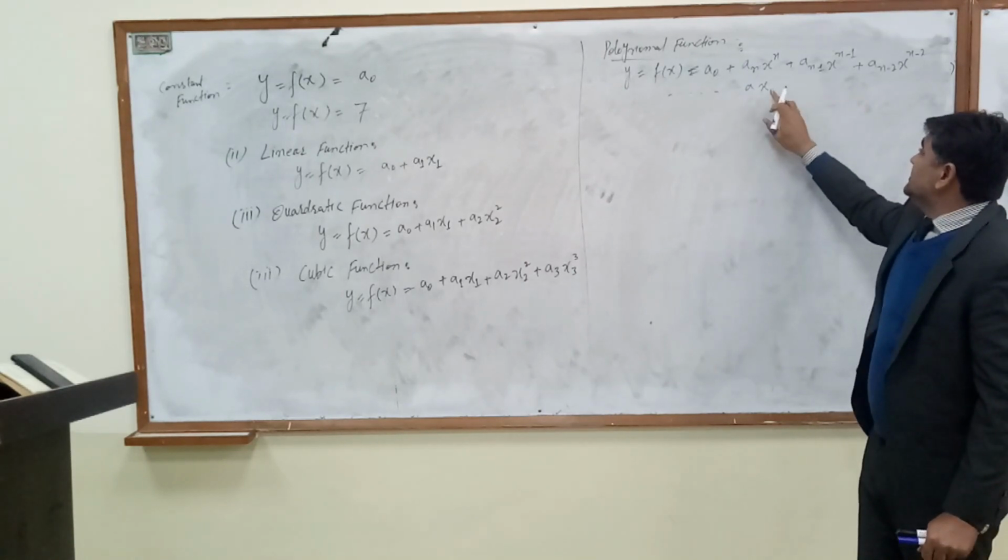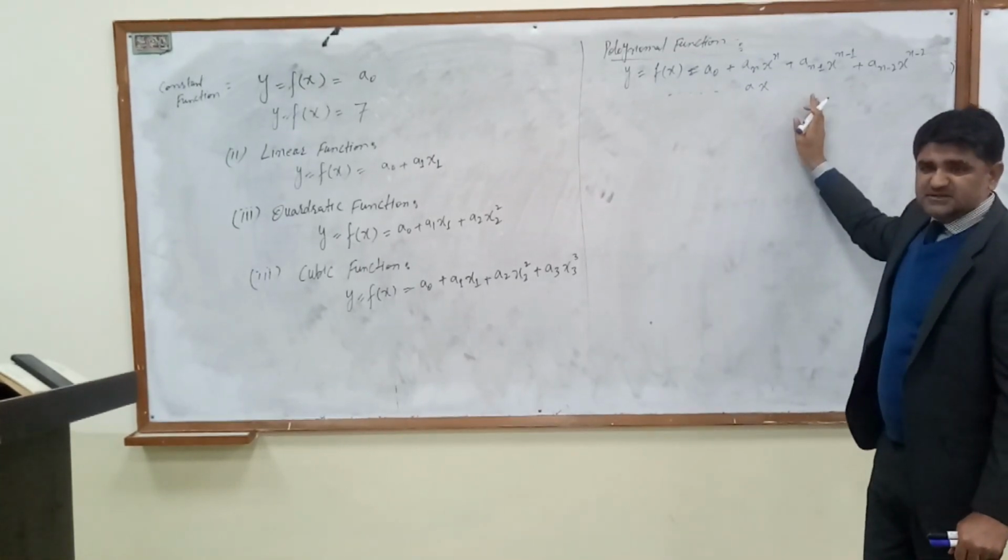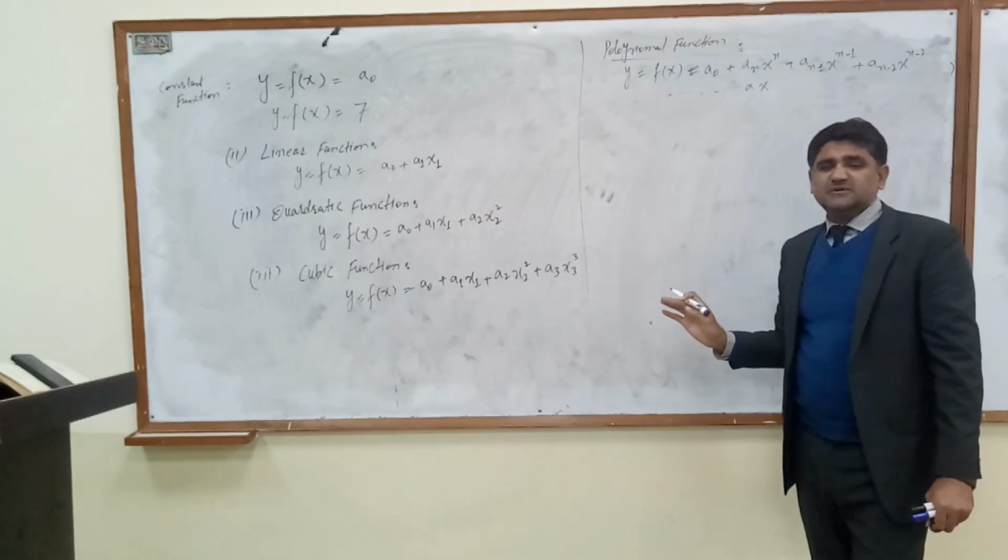Then the minimum power is 1, and after that it can be equal to a constant. That can be any polynomial form.